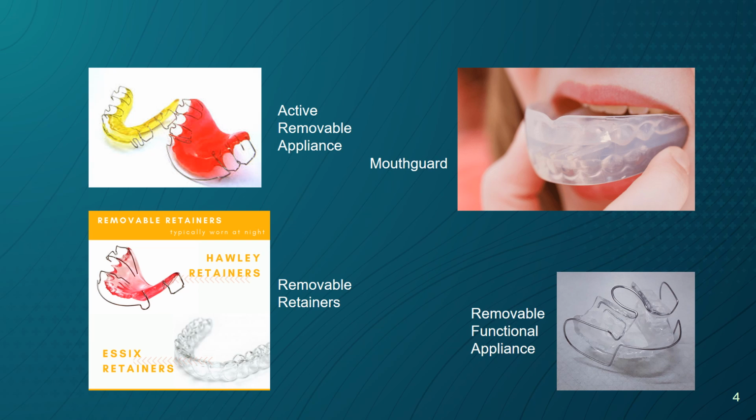Removable retainers will be covered in a lecture concerning retention and retainers, and removable functional appliances will be covered in a lecture on myofunctional appliances. So in this lecture, we are going to look only at active removable appliances.